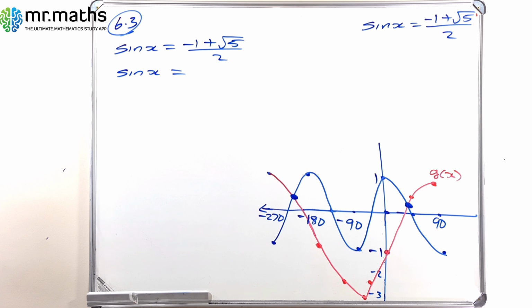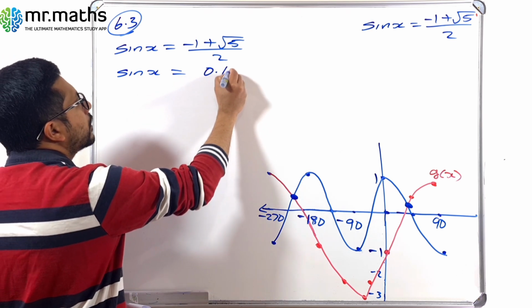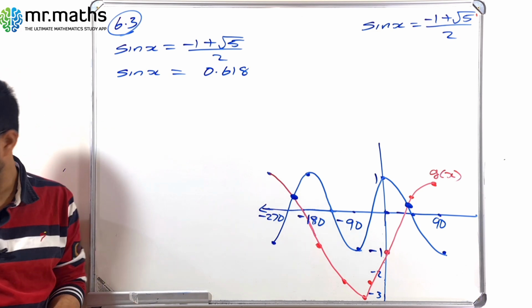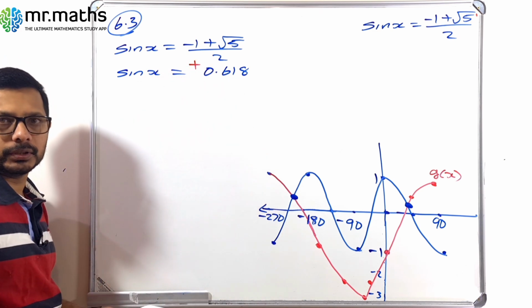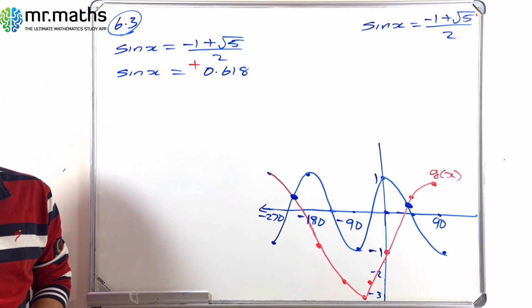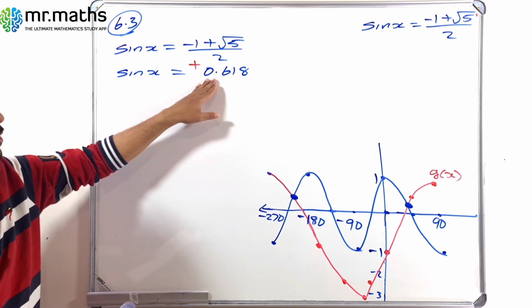That is 0.618. So 0.618 means that this is a positive number. So sin x is equal to 0.618. Now this sin x is positive.